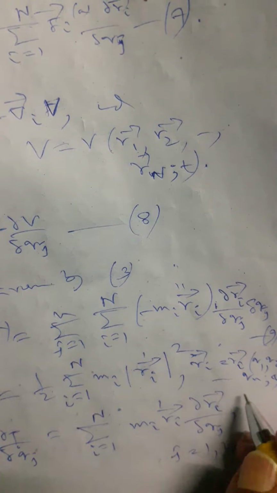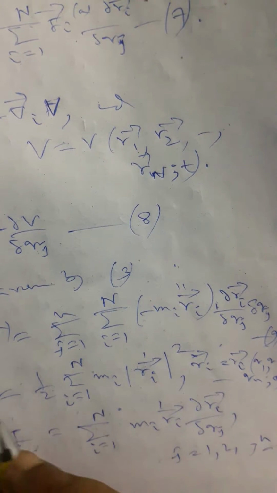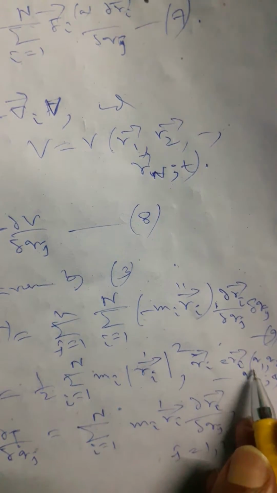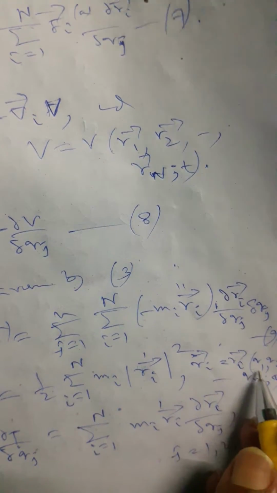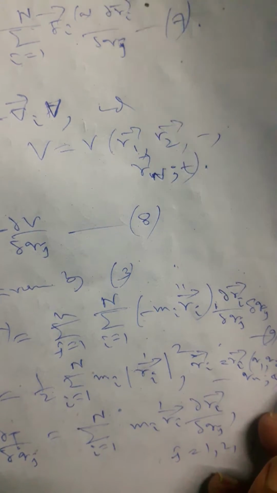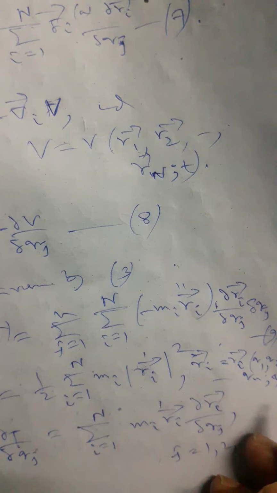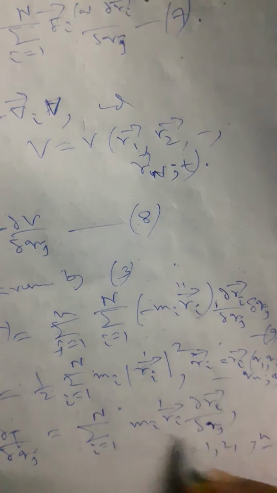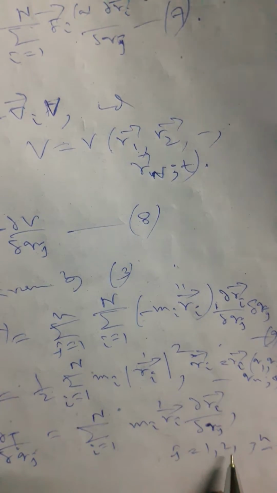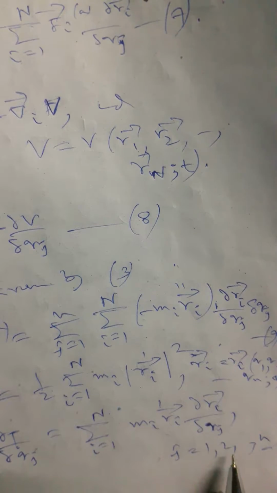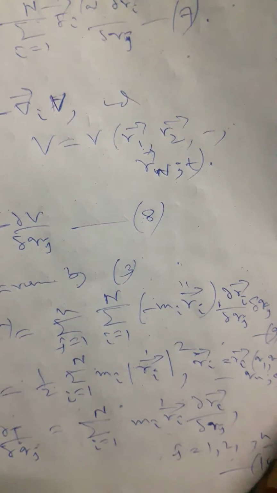If we take the derivative of ri dot, we find del ri dot del qj dot equals del ri del qj. So applying this condition straightforwardly, we get the result. It needs to be proved, and this result is useful to us, so we take it as equation number 10.